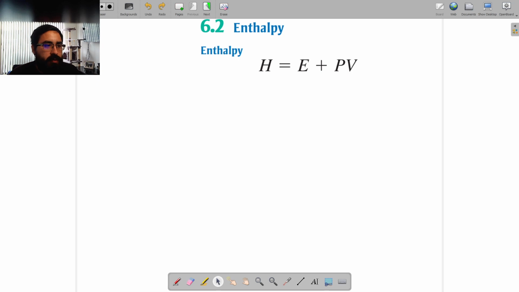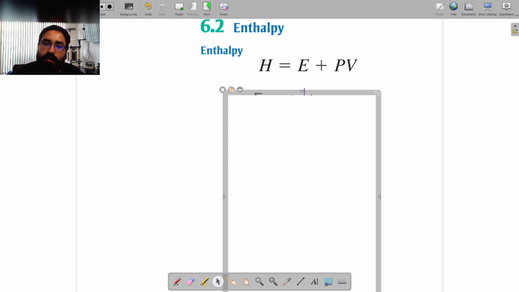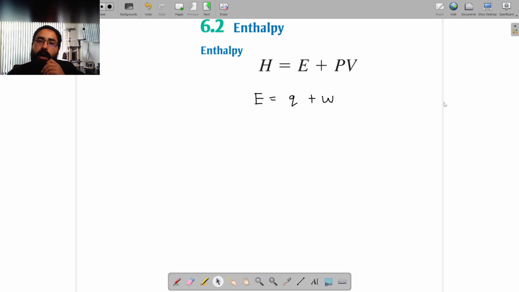But before we do that, let's talk about energy, the same equation that we focused on in our last video. Energy is equal to the heat plus the work: E = Q + W. And a quick note, remember that work is equal to negative P times delta V, the negative pressure times the change in volume.